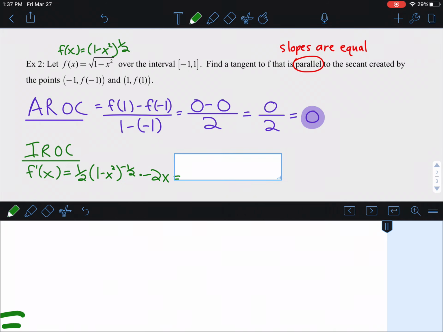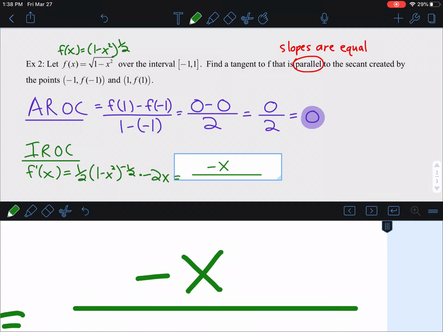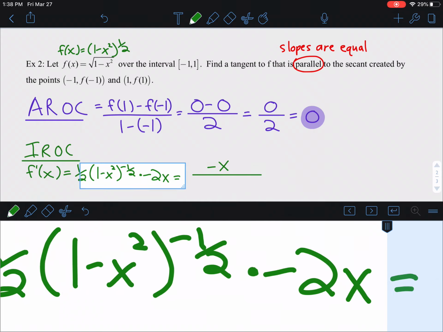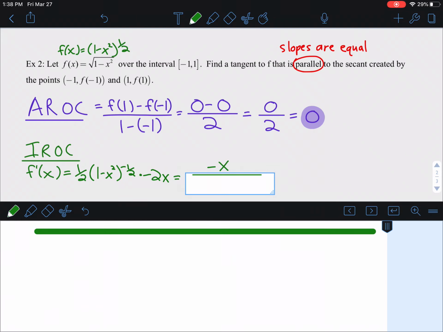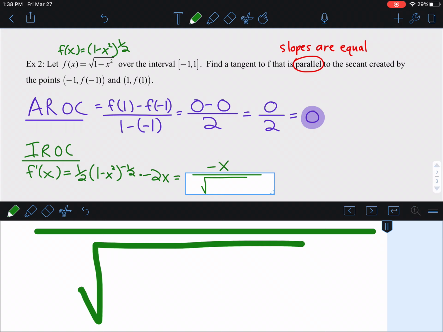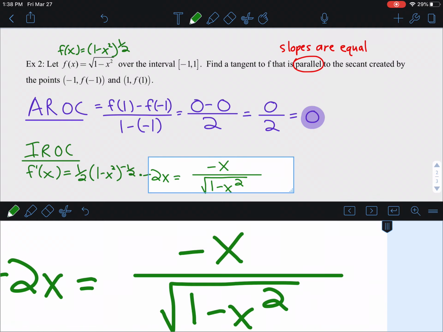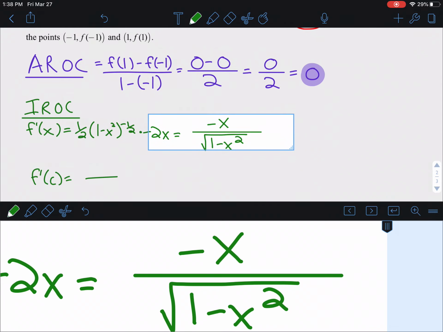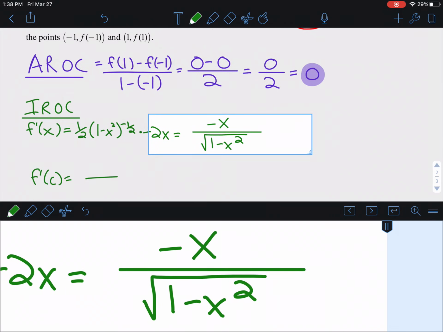This is going to be negative x, because the 2 and the 1/2 will cancel, over, and now 1 minus x squared to the -1/2 means root 1 minus x squared in my denominator. So there's my derivative.